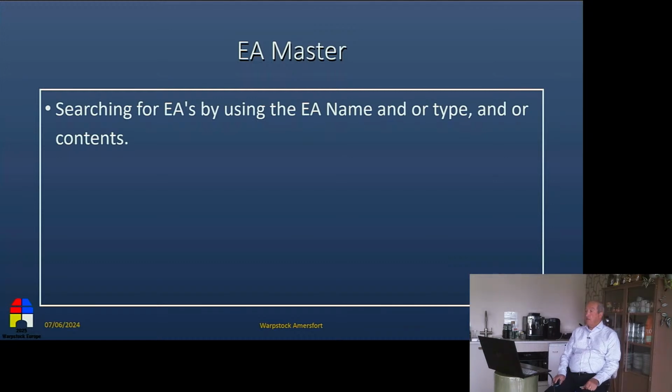This allows you a very powerful way to find a particular item. If you find an item, you can also say, I want to delete it. So in fact, some of the dummy EAs produced by GCC, you can find them and delete all of them if you wish.